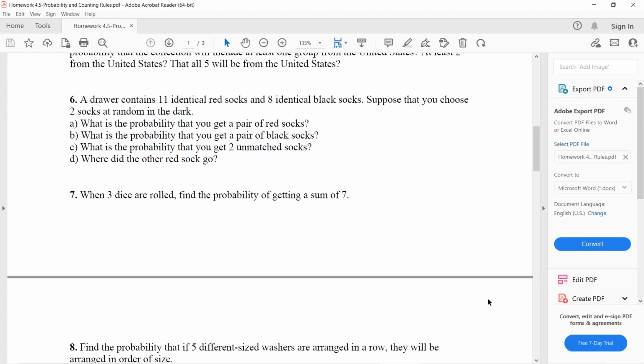So from the red ones, how many red ones do you have? 11. 11 choose one, and what's the other term? 8 choose one. What am I going to do with both of those? You'll multiply them together. Very good. Do that and see if you get an answer that works.